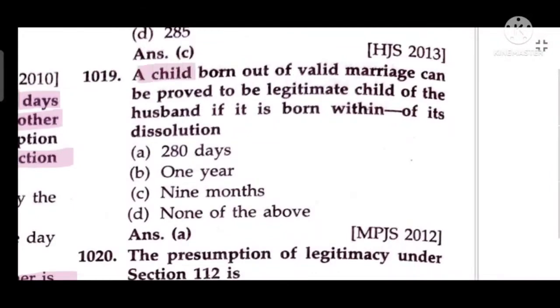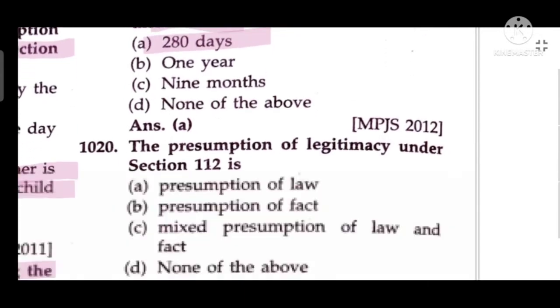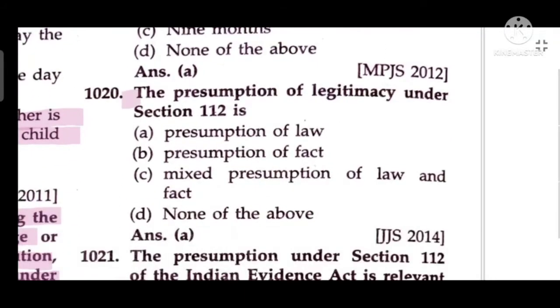A child born out of a valid marriage can be proved to be the legitimate child of the husband if it is born within 280 days of its dissolution. The presumption of legitimacy under Section 112 is a presumption of law.